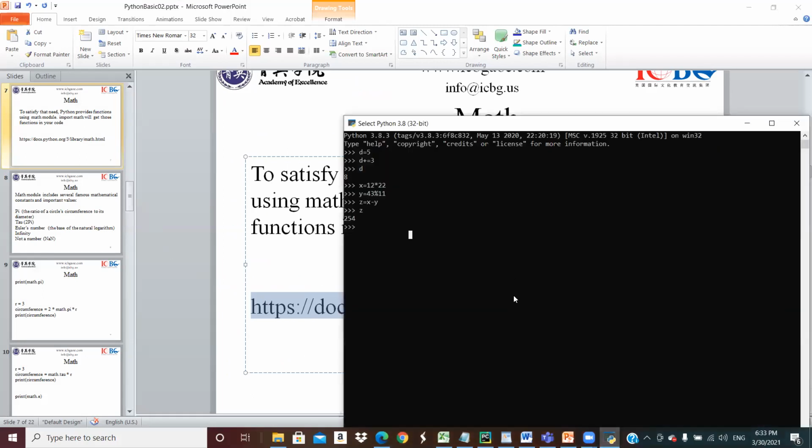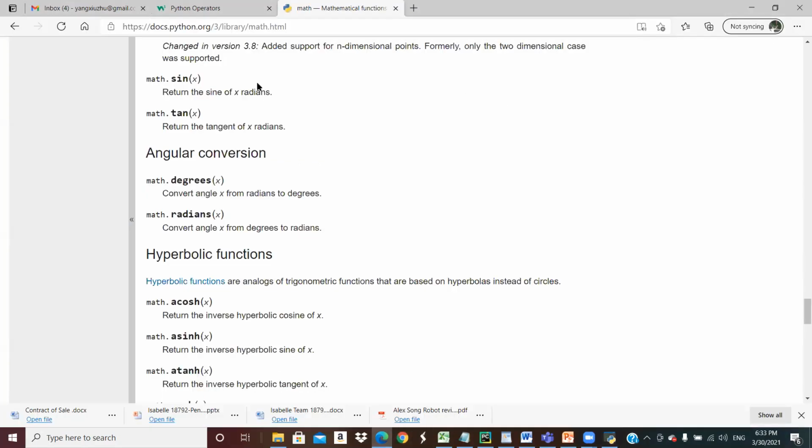So the first thing we need to do is say import math. If you cannot see this one, then let me go to the website.